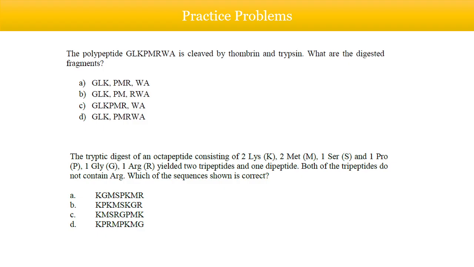The next one says the tryptic digest of an octapeptide consisting of two lysine, two methionine, one serine, one proline, one glycine, and one arginine yielded two tripeptides and one dipeptide. Both the tripeptides do not contain arginine. Which of the sequences is correct? So it means that the dipeptide has arginine.